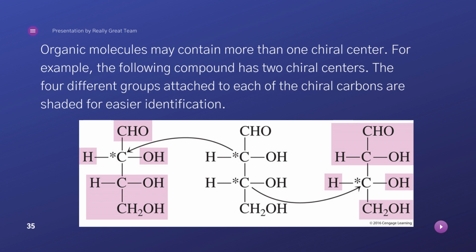So for the first chiral center, you have here on the left side of the illustration, makita ninyo ang four different groups. Okay? Now for the other chiral center, illustrated on the right side of the presentation, you also have there the four different groups attached to that carbon atom. Therefore, for this particular example, there are two chiral centers present.